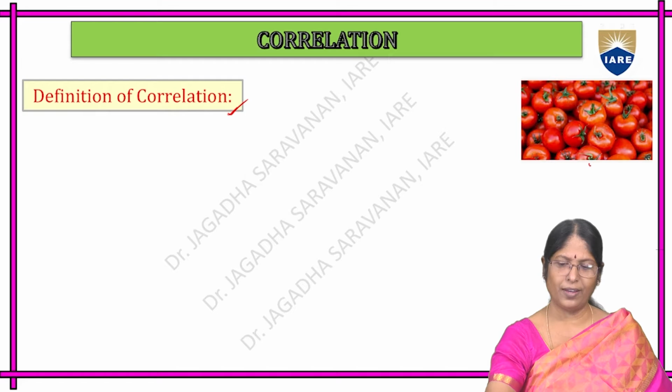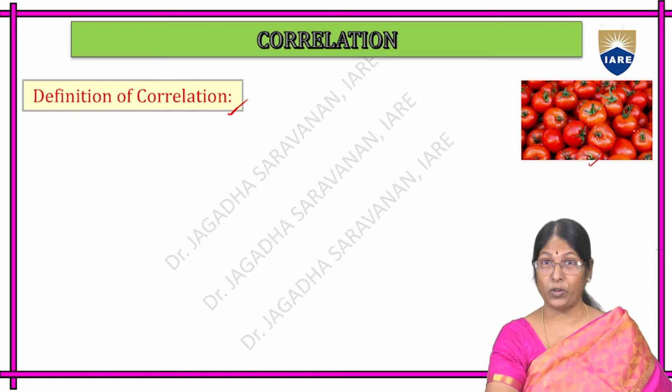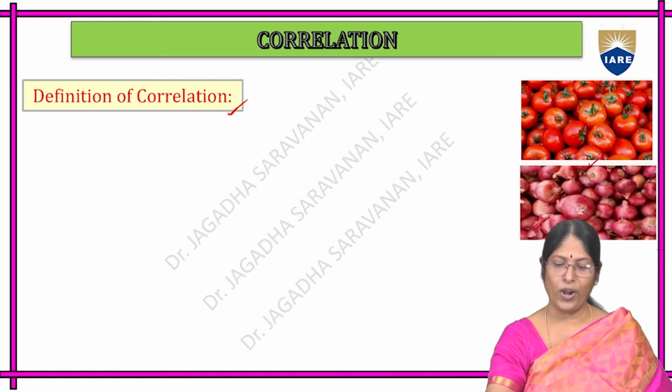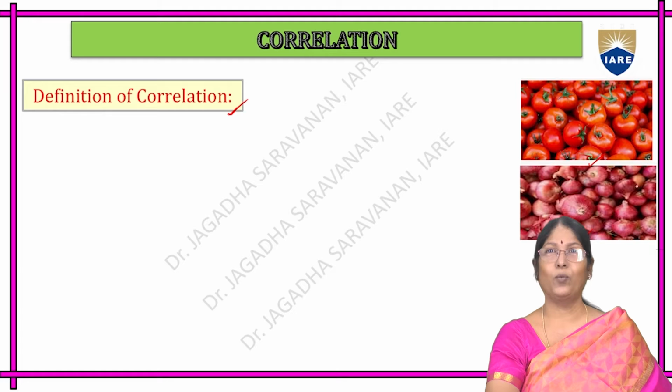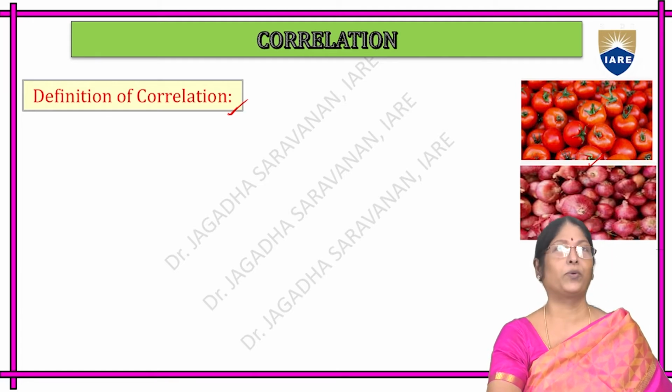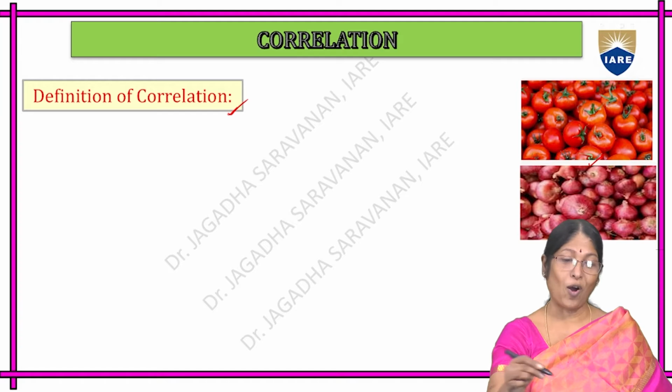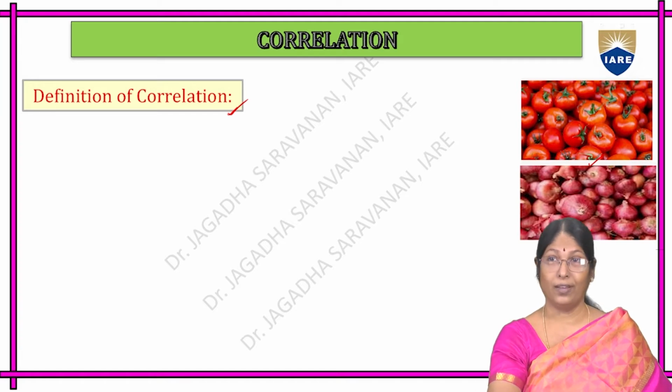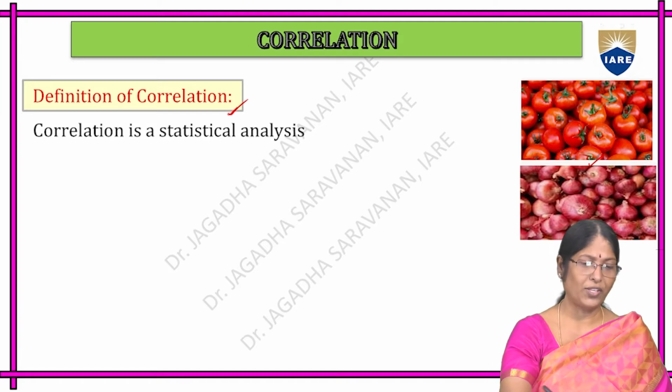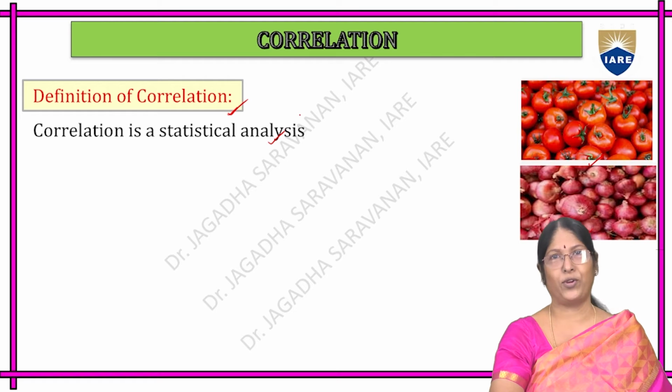Now you can see here that beautiful tomatoes are there. Here onions are there. So what is this? The topic is correlation. How are these tomatoes and onions related to this topic? We will see it. The first one is correlation.